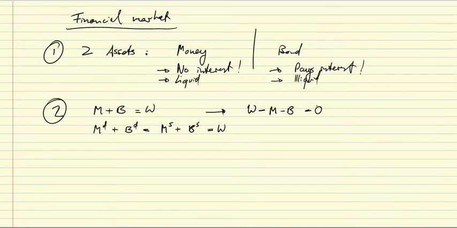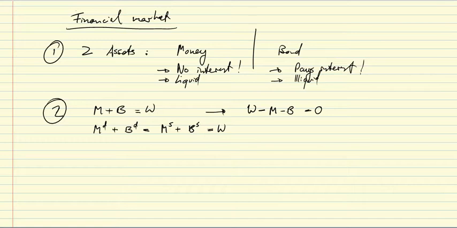So these are, in that sense, equilibrium conditions: in a financial market's equilibrium, total demand for financial assets will be equal to total supply of financial assets, and total financial assets add up to total wealth.